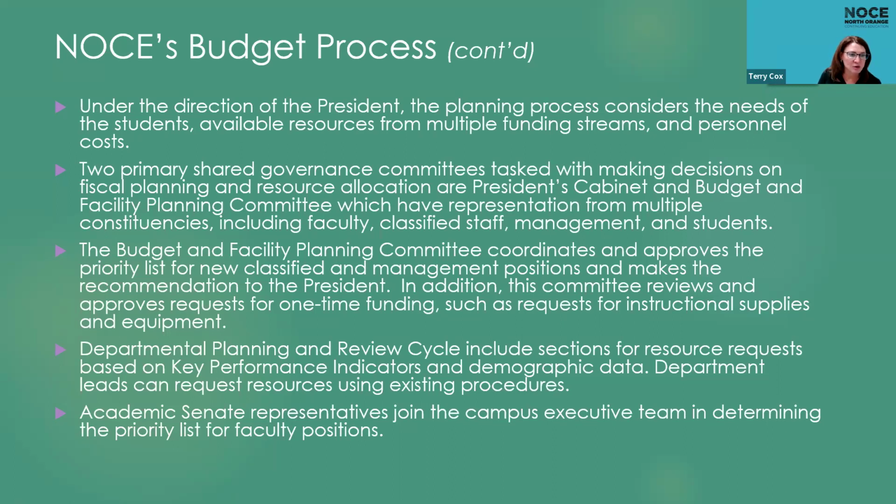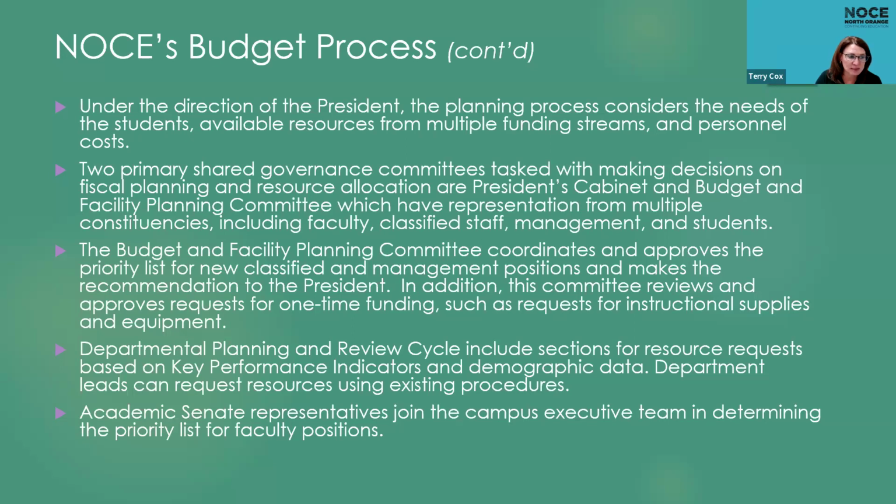And we do that on an annual basis. And in addition, this committee also reviews and approves one-time funding requests such as instructional supplies and equipment for our programs. We also have a departmental planning and review cycle, and it includes sections for resource requests based on key performance indicators and demographic data.